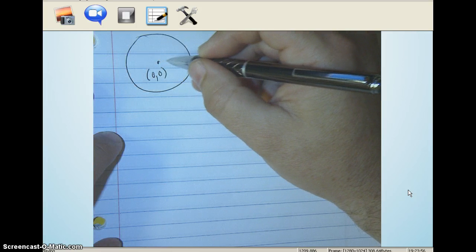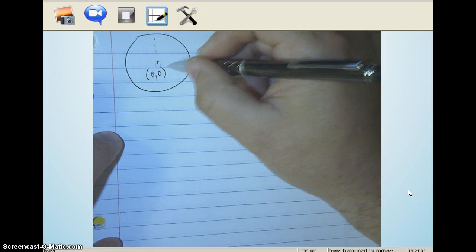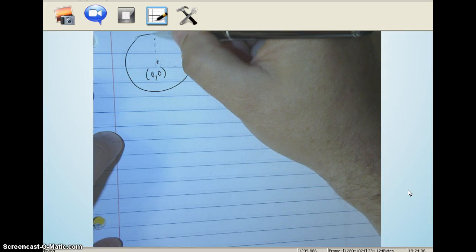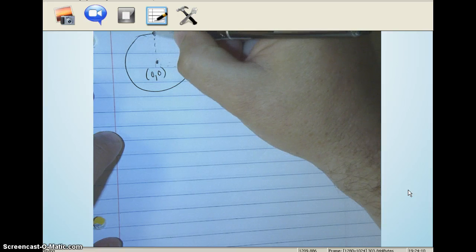So we would go directly up 2 units along the y-axis. So we have the center at 0, 0, and we have the point 0, 2 on the circle.